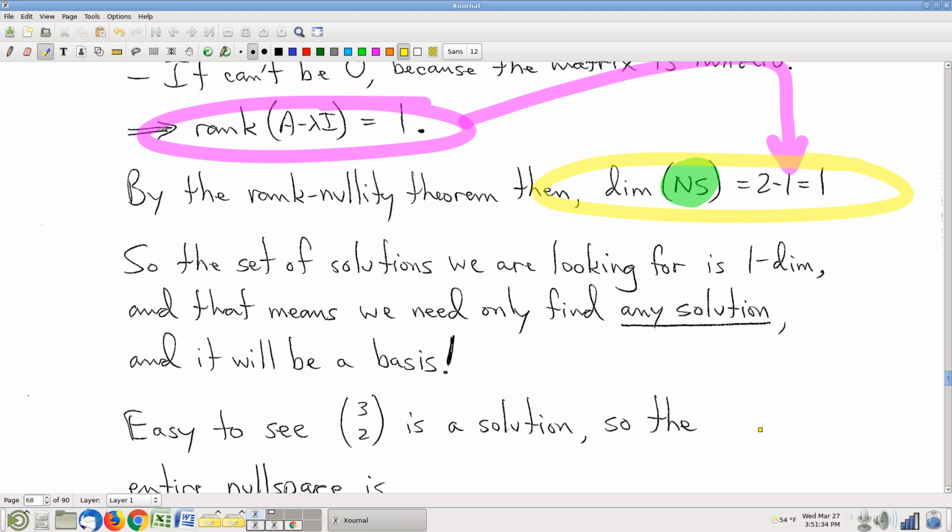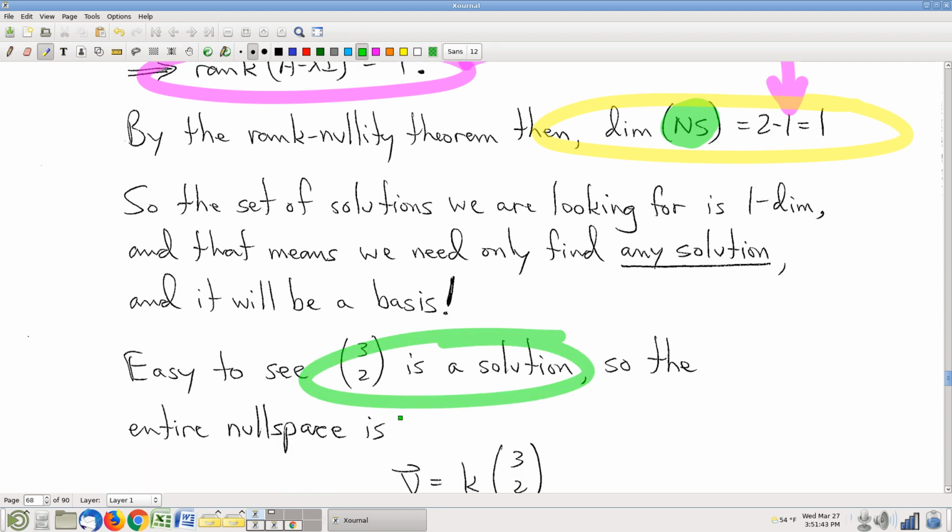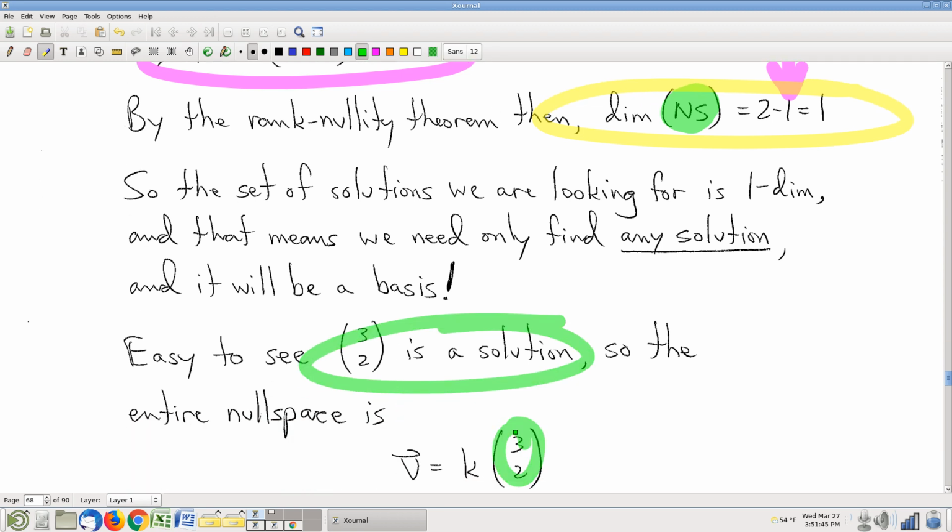Any solution will do. Knowing that the dimension is 1, any solution that you find is a basis, and therefore the null space that you're looking for is all multiples of it. And so we're done.